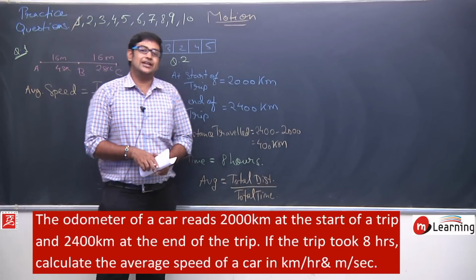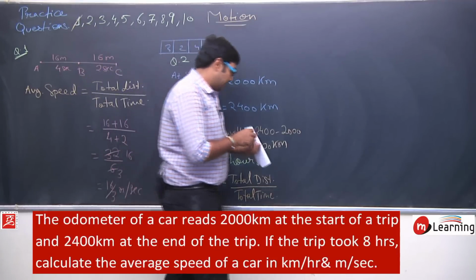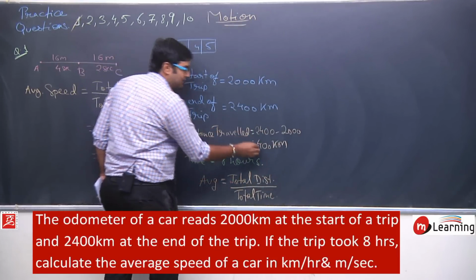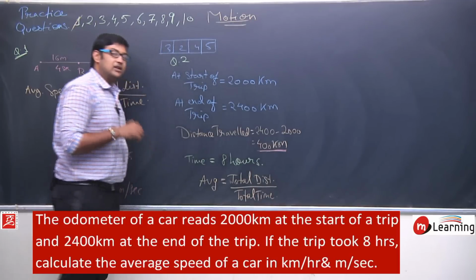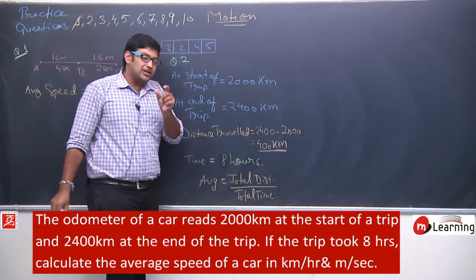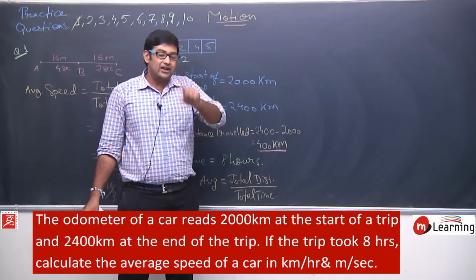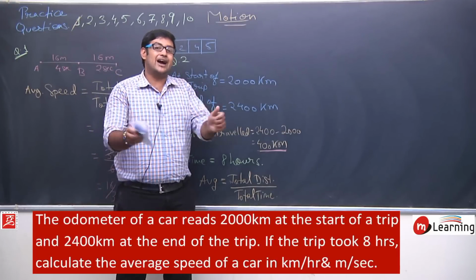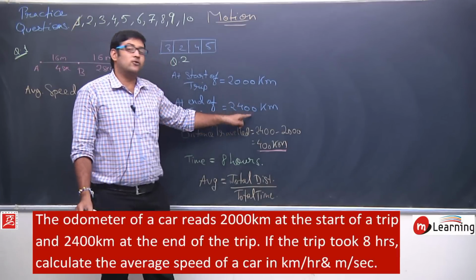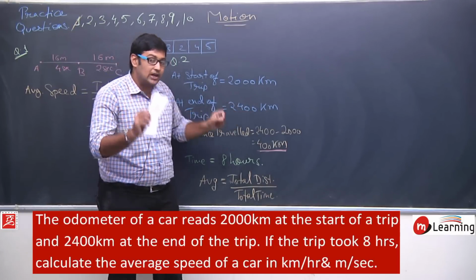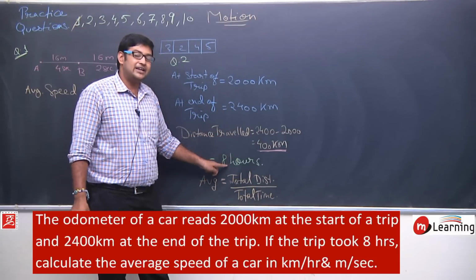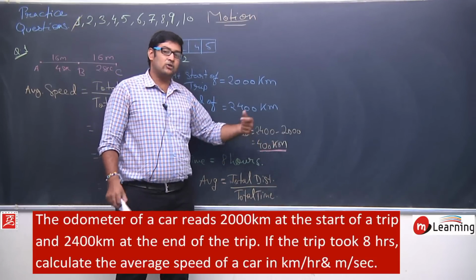So how to calculate the average speed? Here we can see that the total distance, the car has traveled a total of 400 kilometers. Now this total distance means the distance traveled in this particular trip. I am not saying the total distance traveled by the car till now, that would be 2400, but I am considering only my trip, and I am assuming that I need 8 hours to travel this particular 400 kilometer trip.